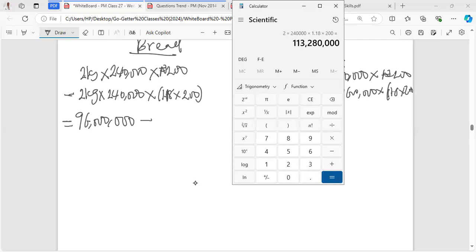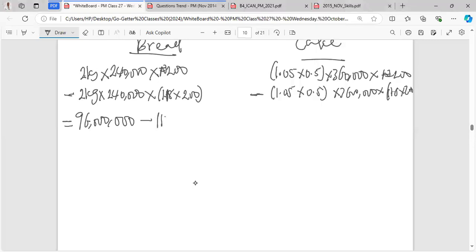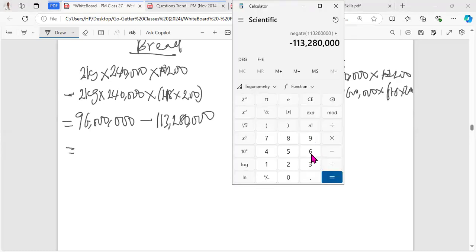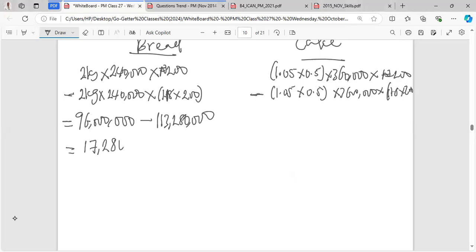That is 113,280. So when you conclude, I'll put the minus before it, plus 96 million. Of course, I'm expecting an adverse 17 million 280,000. I don't expect anything less than an adverse.